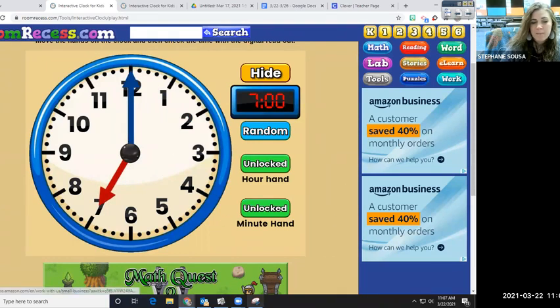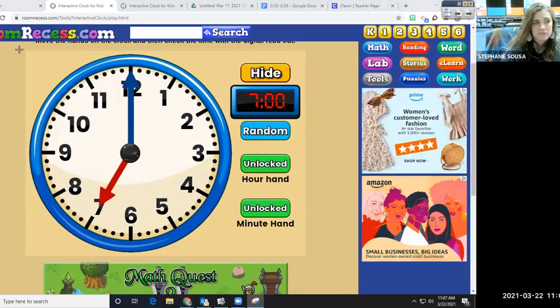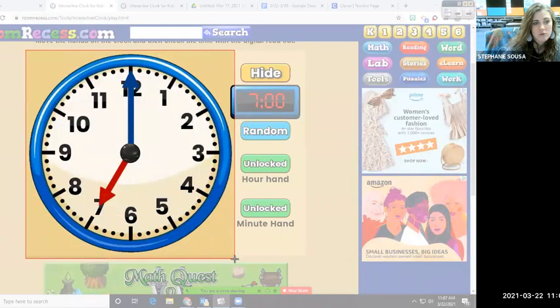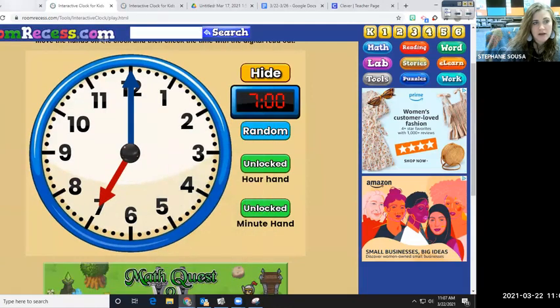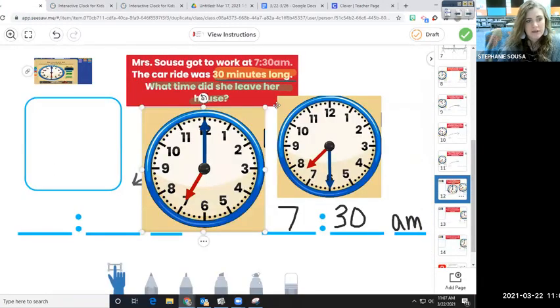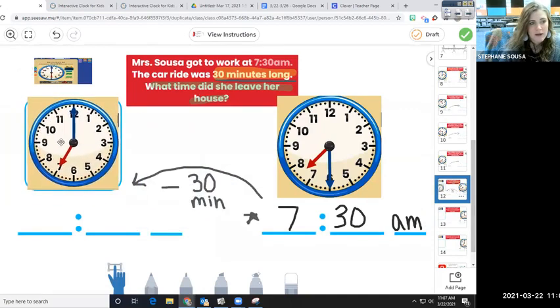Okay, my time is 7 a.m. So that is what I am going to write or copy, I apologize, onto my seesaw activity. 7 a.m. is when I left my house.